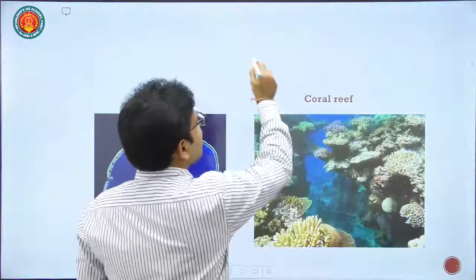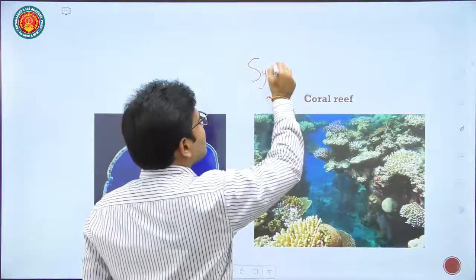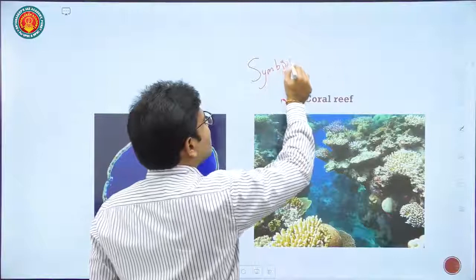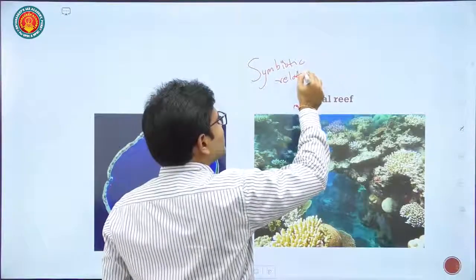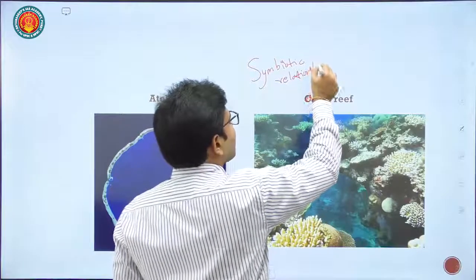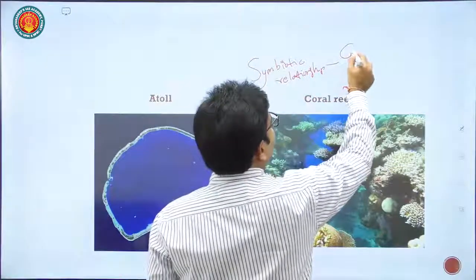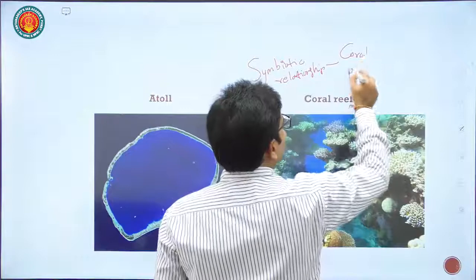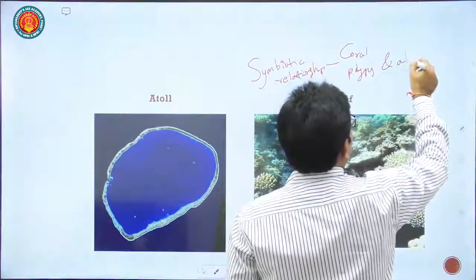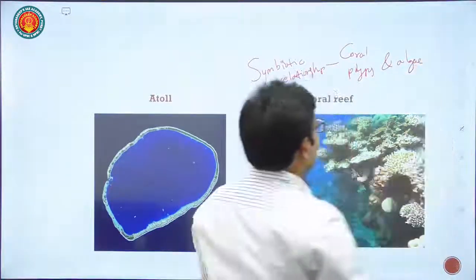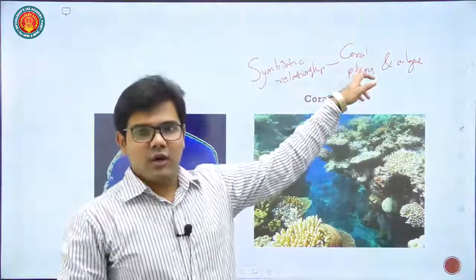It is a symbiotic relationship between coral polyps and algae. Coral polyps are basically organisms.